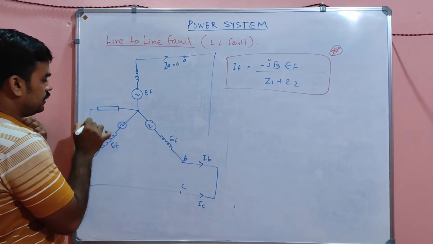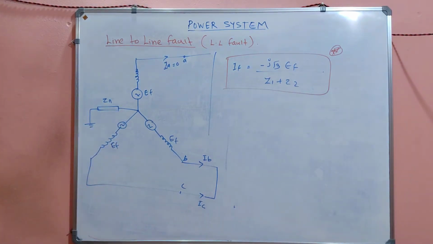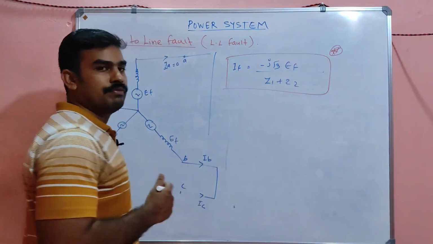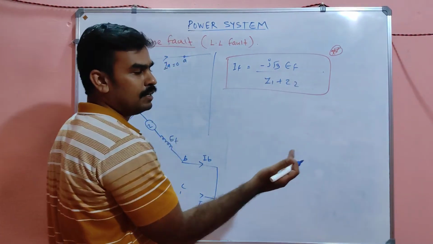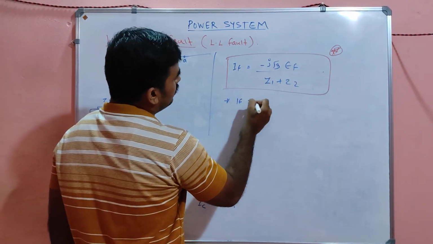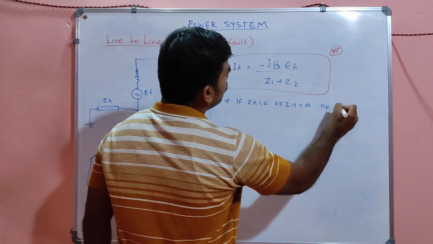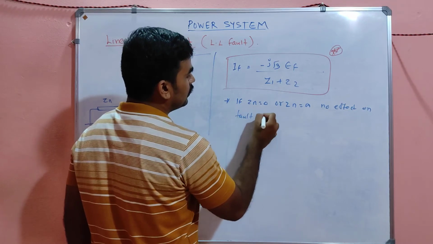One minute, my dear. You should also add Zn, because in every alternator the earth is there. Earthing will be there through Zn. But in the final fault current equation, there is no term associated with Zn. That means if Zn is equal to 0 or Zn is equal to infinity, there is no effect on fault current.